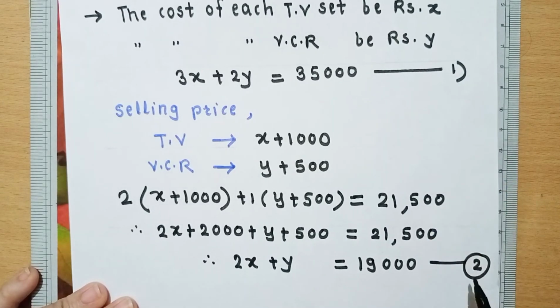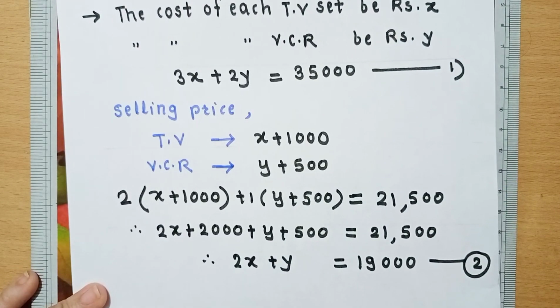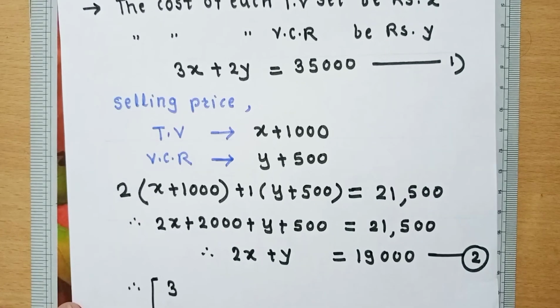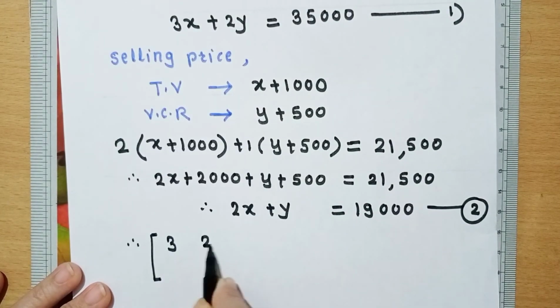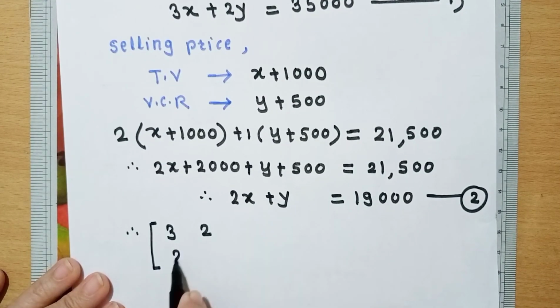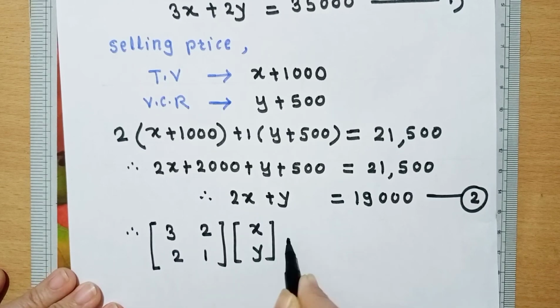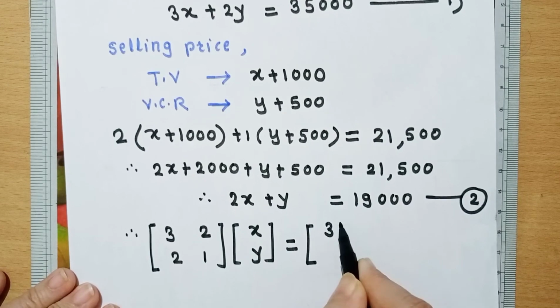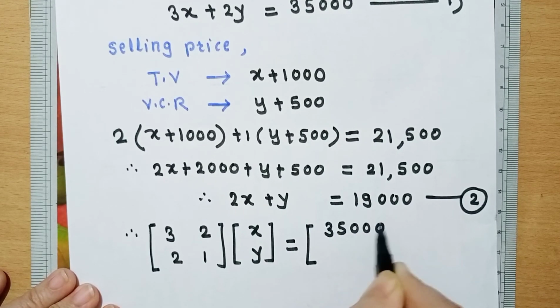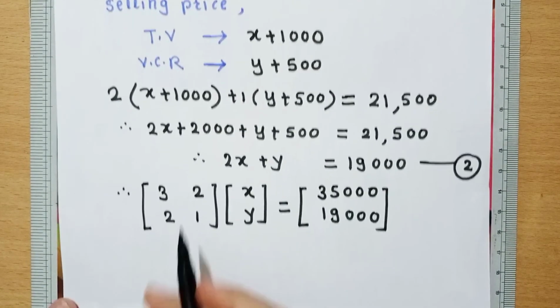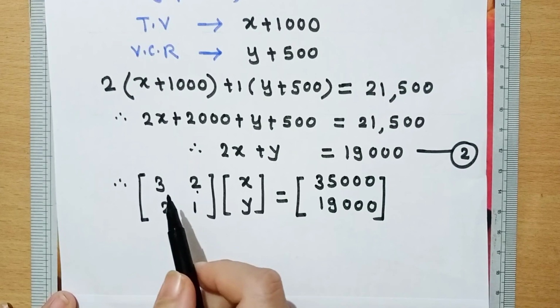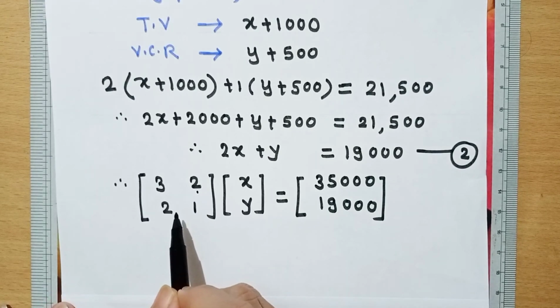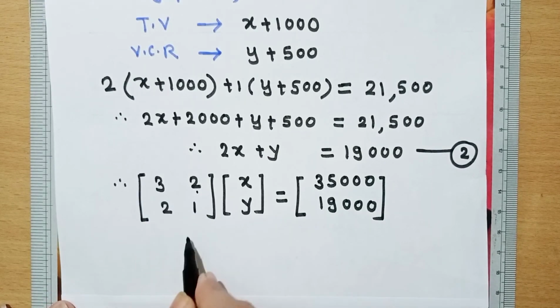Now write down the first and second equation in matrix equation form. So 3 2, and then write down these coefficients 2 1, and that is equal to, first 35,000 and then 19,000. We will make this element 0 and we will convert this matrix into a lower triangular matrix.